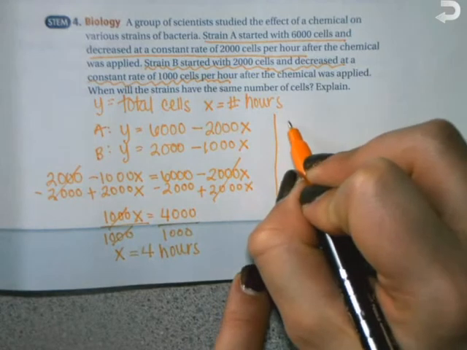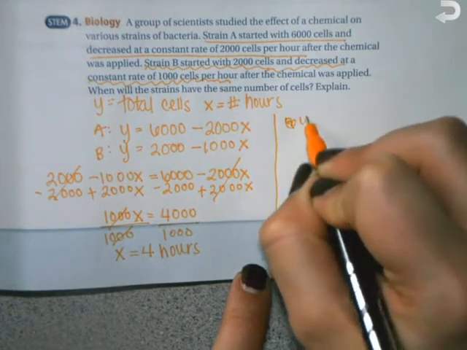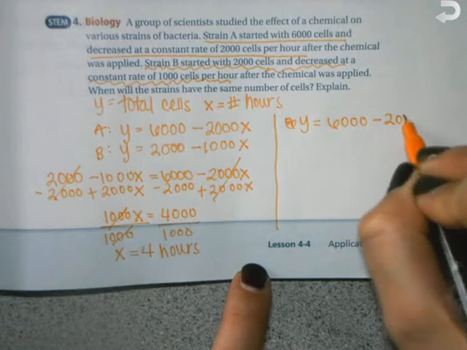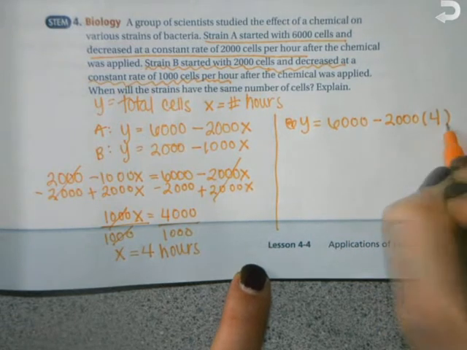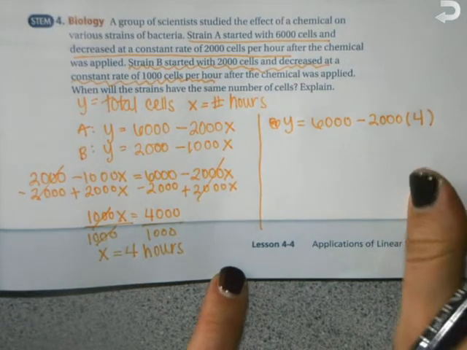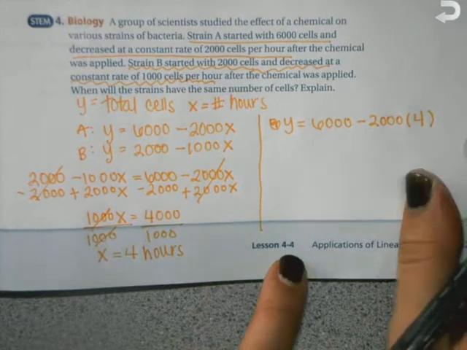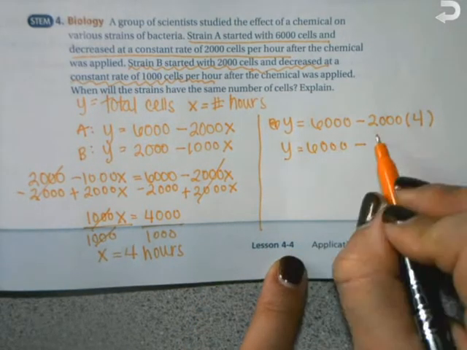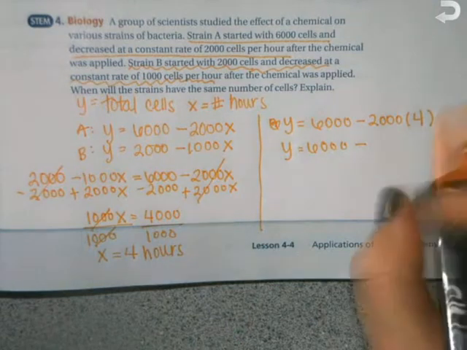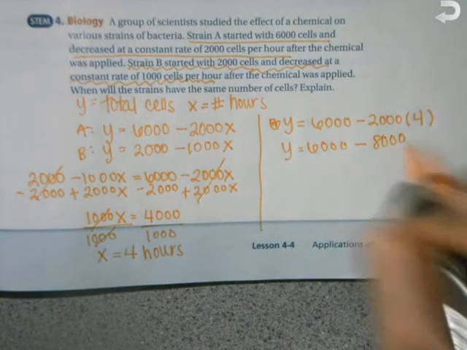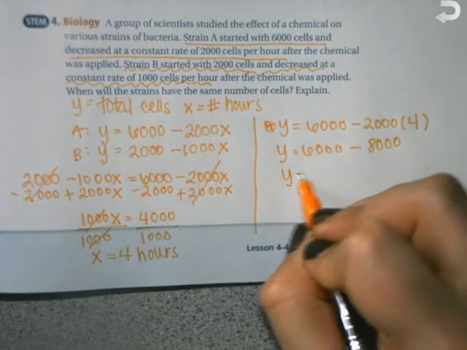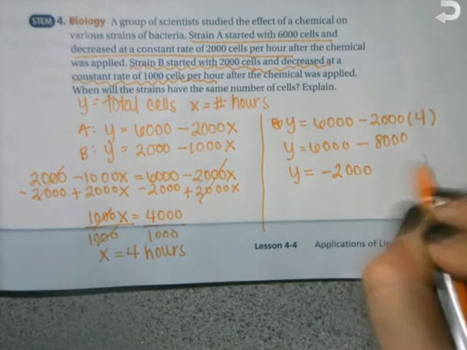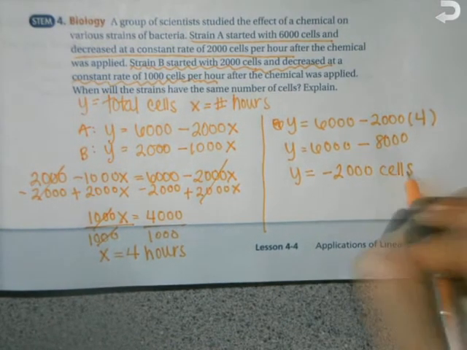Okay, so that's Y equals 6,000 minus 2,000 times 4, because after 4 hours. What's 2,000 times 4? 8,000. So Y equals negative 2,000 cells. Does that make sense?